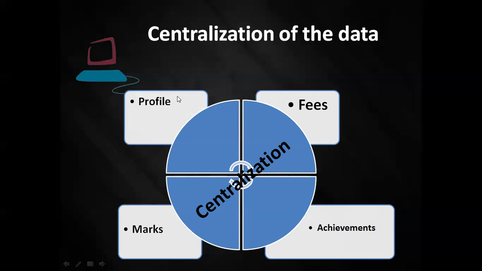If I remove him from the profile, his fees detail will be removed, achievements will be removed, and marks will get removed. So this is very advantageous, the centralization of the database. I hope you understood this point. The main advantage or need of DBMS is centralization of data.